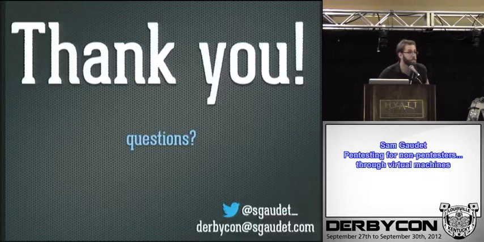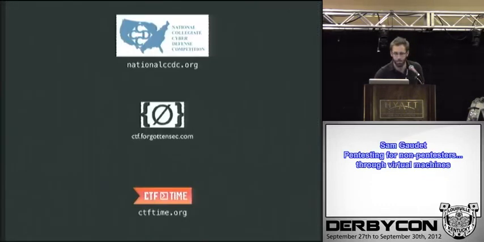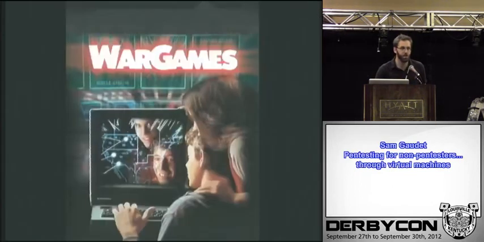What's that? Sure. Well, here's the CCDC one and the CTF Forgotten Sec. I'll pause here for a little bit, and then I'll flip over to the other one. So boot to root.info.